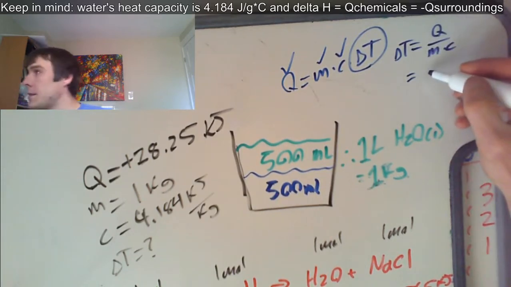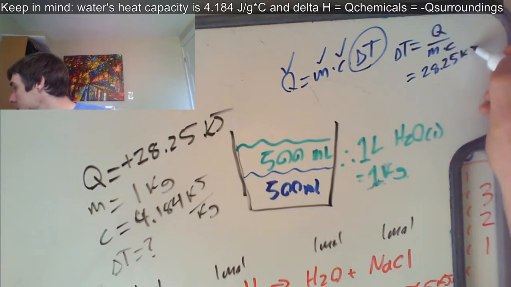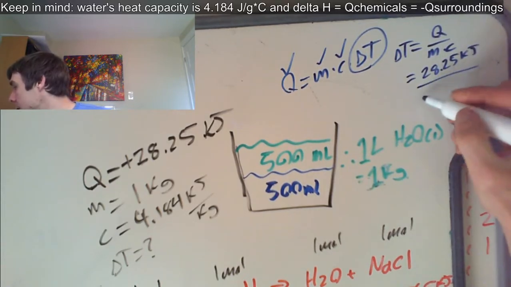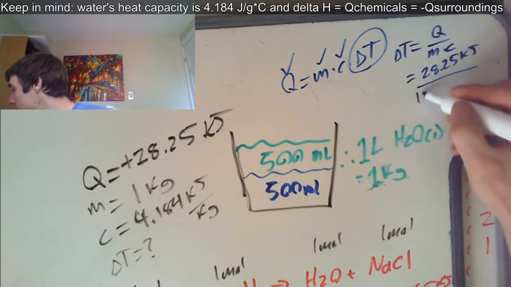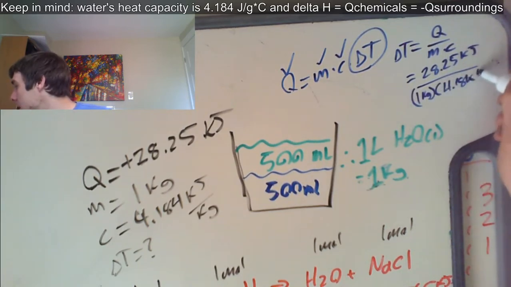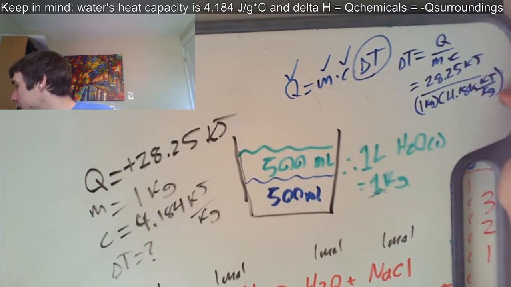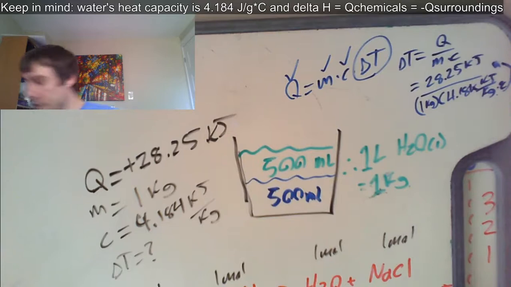And then we just plug in the numbers, right? 28.25 kilojoules over 1 kilogram times 4.184 kilojoules per kilogram degree Celsius. I forgot to put that on this side, kilogram degree Celsius.